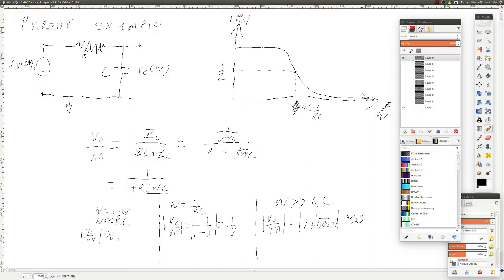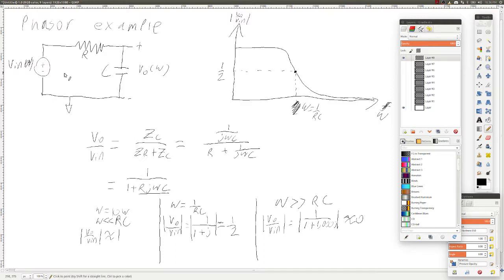What we have here is something which allows low frequencies through and removes high frequencies. We have a low pass filter. This RC circuit, as frequency increases, filters out more and more of the signal.